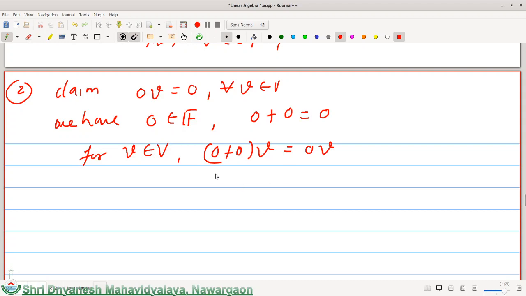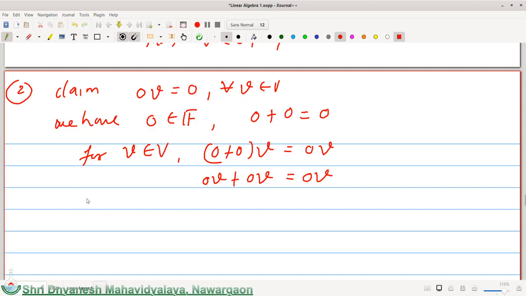Okay. So again by distributive property, we get 0 into v plus 0 into v is equal to 0 into v. So now this is an element of vector space V by scalar multiplication. Okay. So we can add the identity element of vector space V on the right hand side.